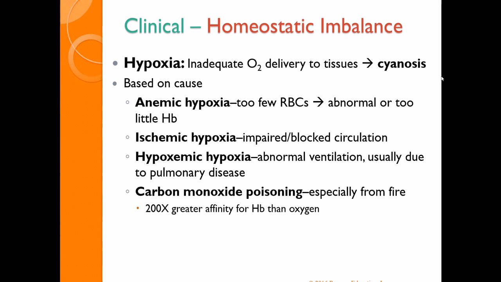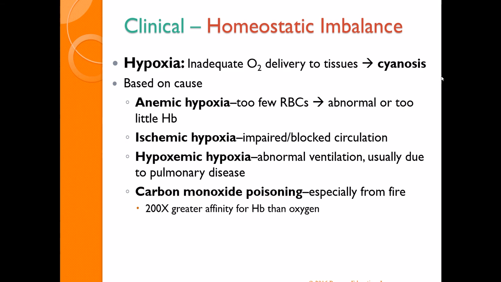So anemic hypoxia is because you have too few red blood cells. Maybe you're not producing enough erythropoietin. Maybe you have a sickle cell disease or something like that, and so not enough hemoglobin, abnormal hemoglobin, that's an anemic hypoxia. Ischemic hypoxia results from a blocked blood vessel.